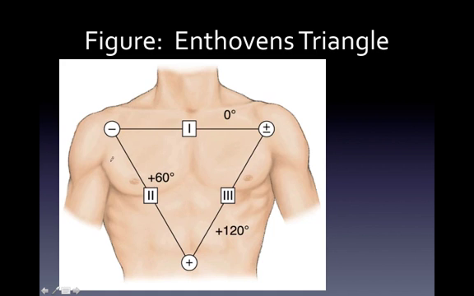here's what gets confusing about Enthoven's triangle. The way the 12 lead looks at it, all of these lines intersect. So this is a negative, negative, negative, and a positive, positive, positive.